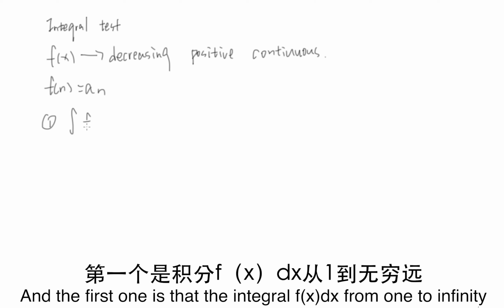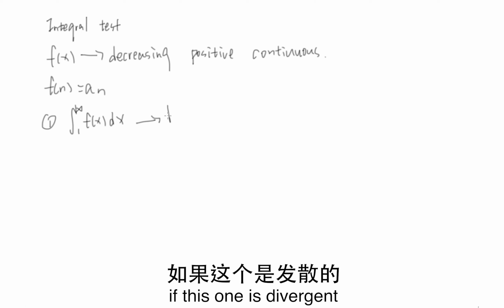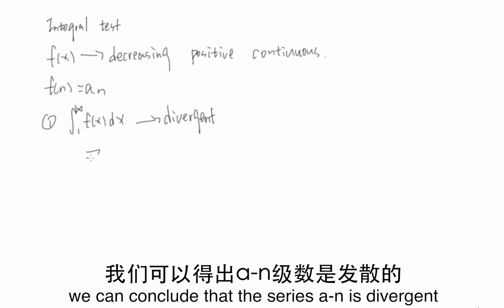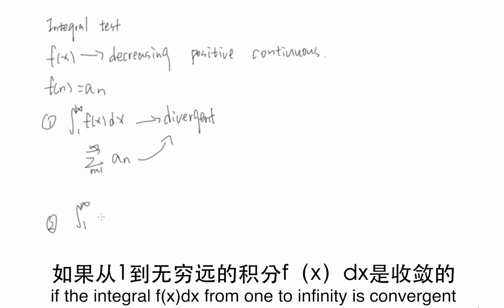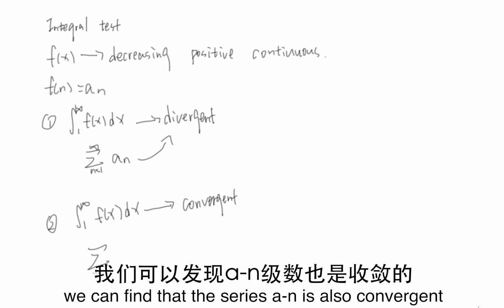The first one is that if the integral of f(x) dx from 1 to infinity is divergent, we can conclude that the series an is divergent. And the second conclusion is that if the integral of f(x) dx from 1 to infinity is convergent, we can find that the series an is also convergent.